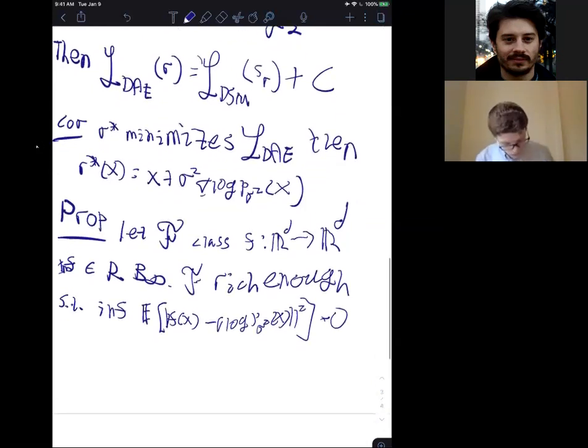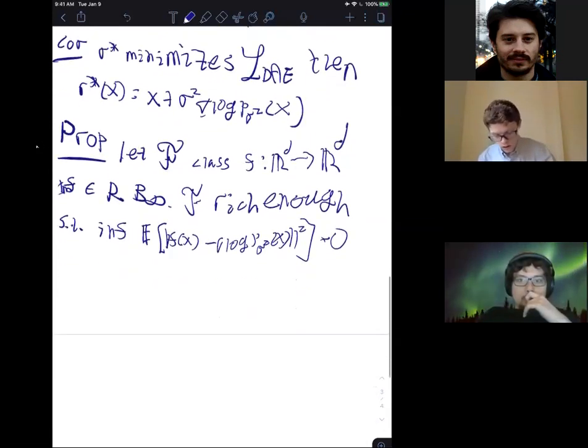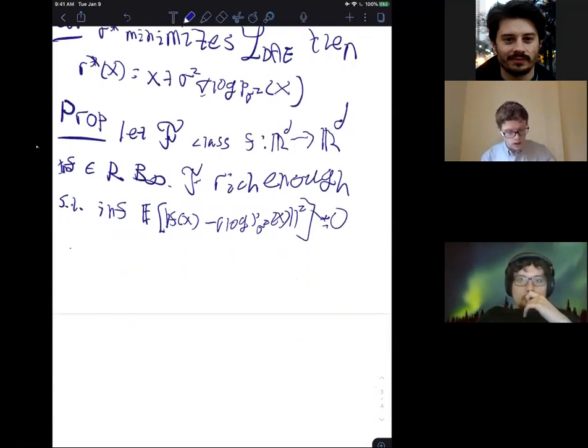This is standard stuff. So what do we have? Let R hat be the empirical minimizer of the DAE loss.